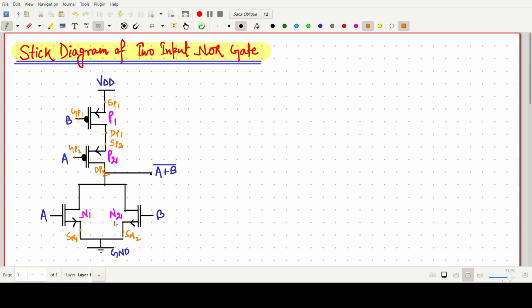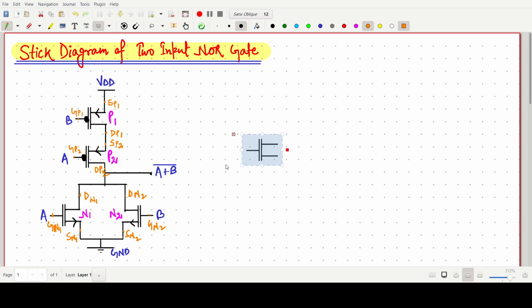Arrow sign is always the source terminal, and this one is our gate of N1 and gate of N2 terminal, and this one is our drain of N1 terminal and drain of N2 terminal. Clear this one? Clear in any symbol.